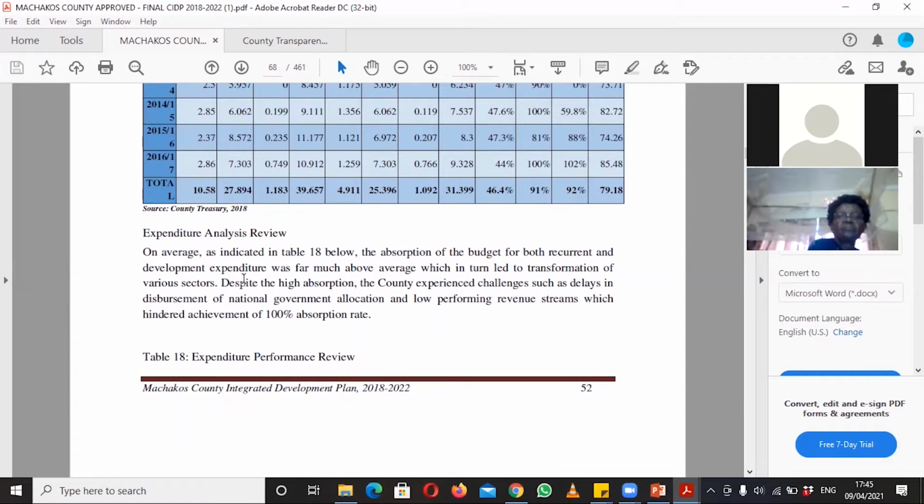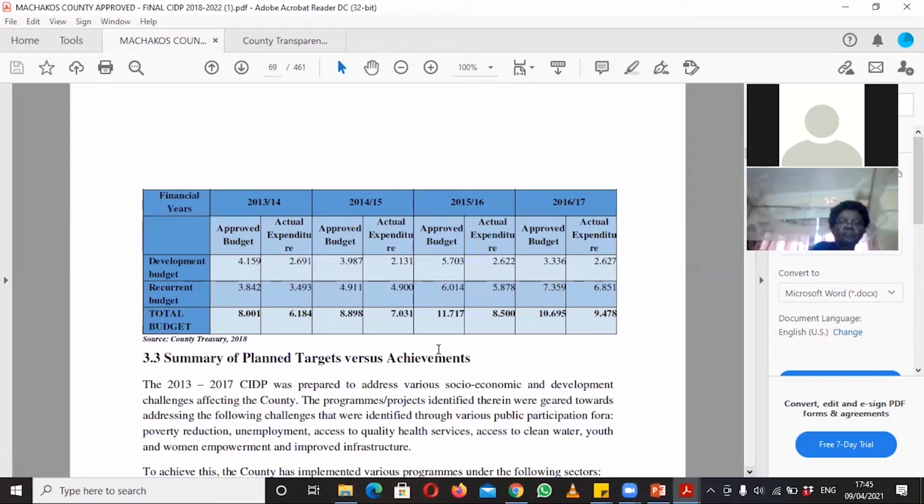And development expenditure is for things like roads, capital assets. So the expenditure analysis review shows how this money has been utilized. They are saying that for Machakos County, it was far above average, which in turn led to transformation of various sectors. So the county utilized the expenditure funds well.